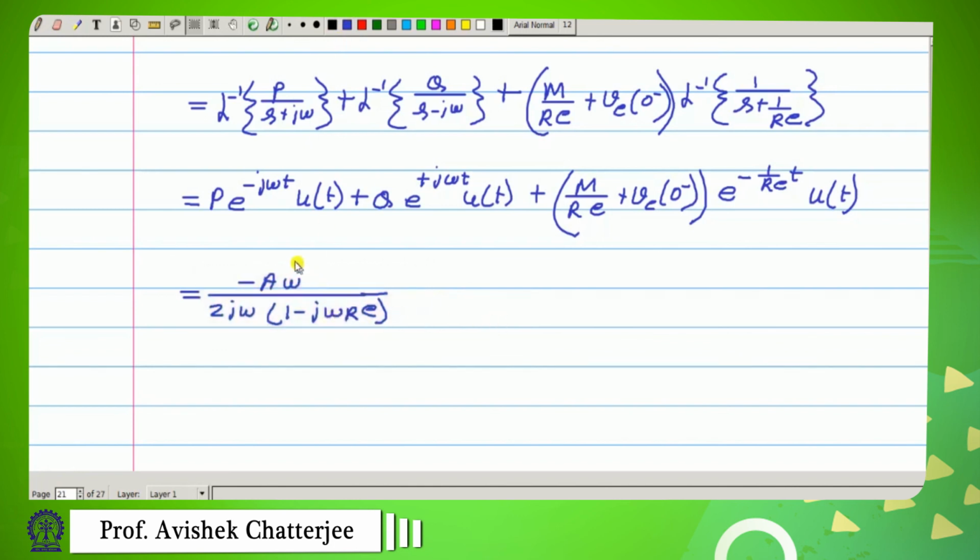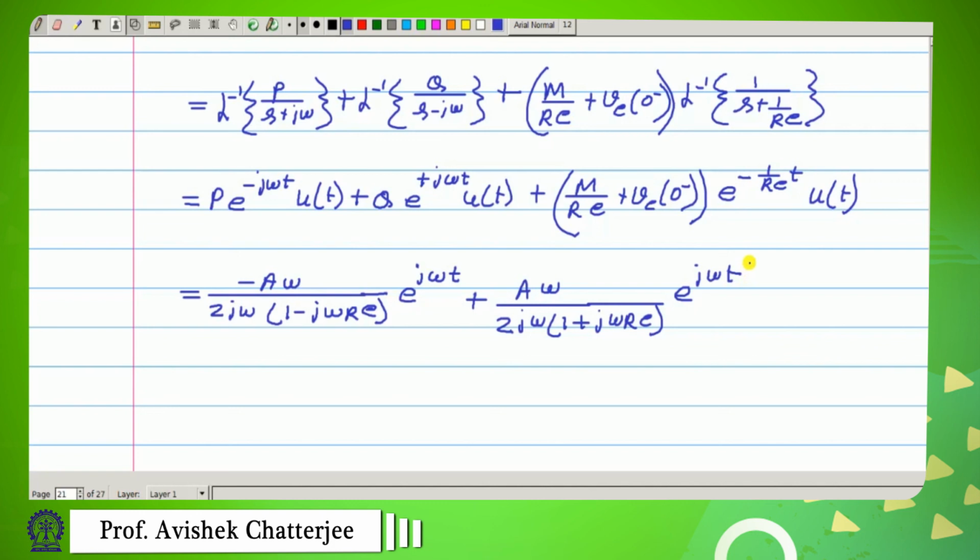Okay, then this p multiplied with e to the power j omega t. The value of q is a omega divided by 2j omega, 1 plus j omega rc, multiplied with e to the power j omega t.